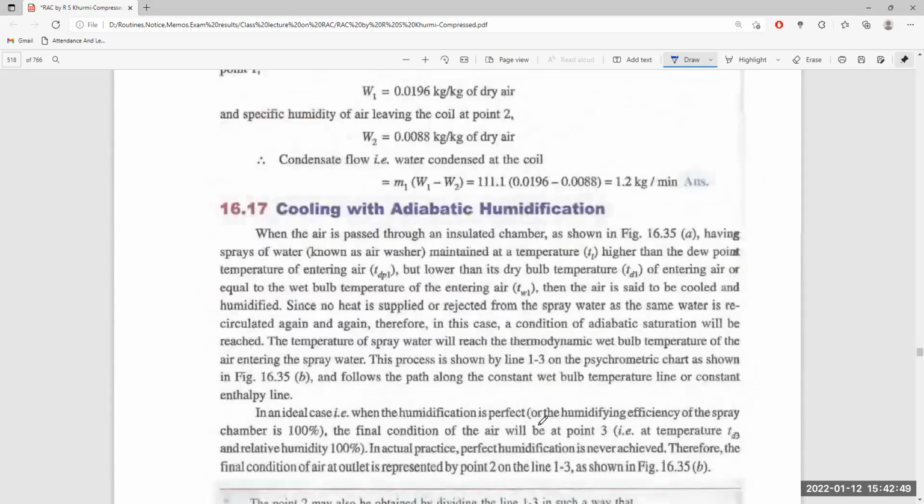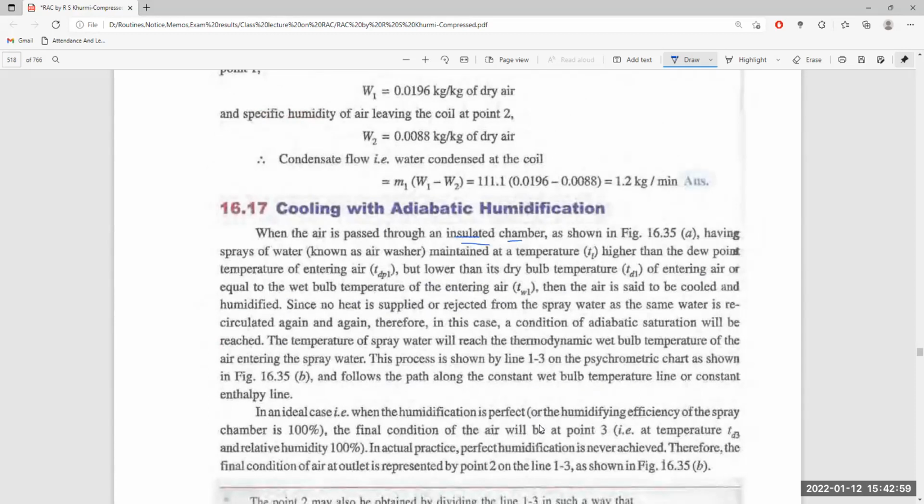Now let us start another portion of this section, cooling with adiabatic humidification. When air is passing through an insulated chamber where no heat transfer takes place, sprays of water, known as an air washer, are maintained at a temperature T1 higher than the dew point temperature of the entering air.